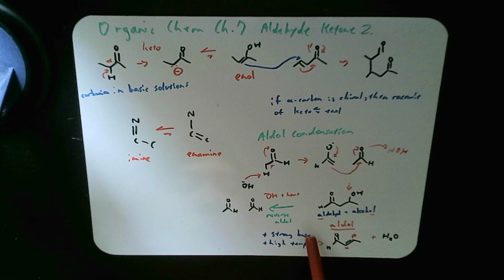So using strong base and high temperature, we can achieve the aldol condensation state. That's the only way to really get the reaction going. Otherwise, it will really just stay as a keto-enol shift form.